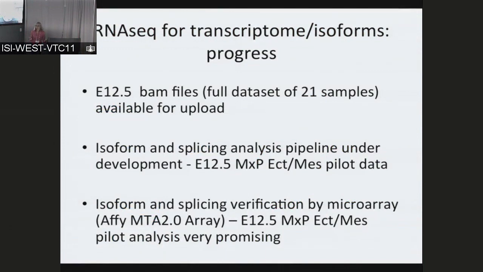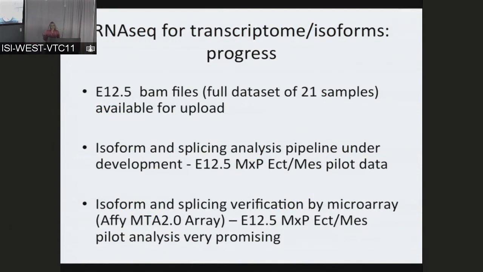And it looks really very promising that we're seeing a lot of confirmation from what our pipeline is producing from the RNA-seq data versus what the Affy arrays are giving us in terms of alternative isoform uses. And so it looks like we have, again, this technology all up and working and ready to move forward with the 11.5 and the 10.5 tissue sets. So we're happy with this.